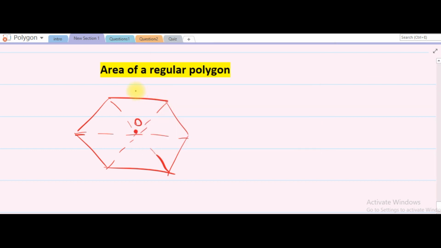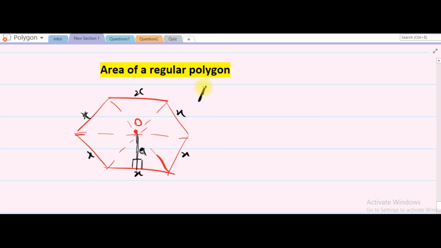Assuming we take the side length as x each. So remember, the perpendicular distance is the apothem. Let me use A. So here we form a triangle. Each of these is an equilateral triangle.